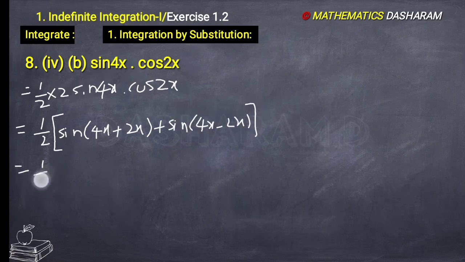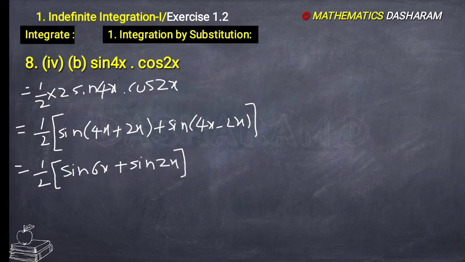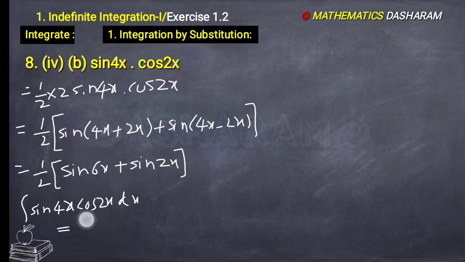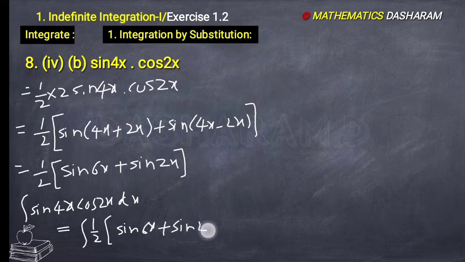It is equal to 1 by 2 bracket of sin 6x plus sin 2x. Now the integration of sin 4x into cos 2x dx is equal to integration of 1 by 2 bracket of sin 6x plus sin 2x dx.